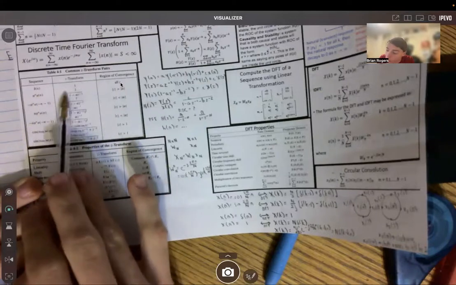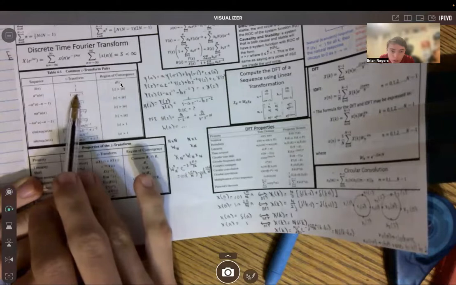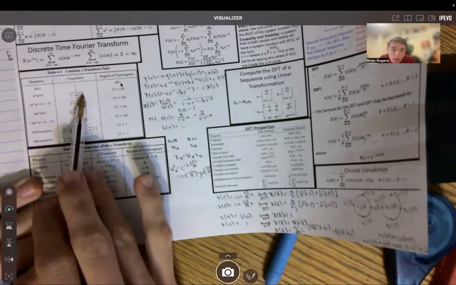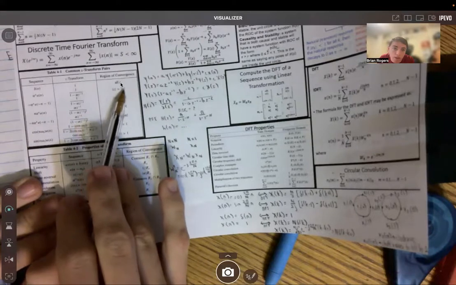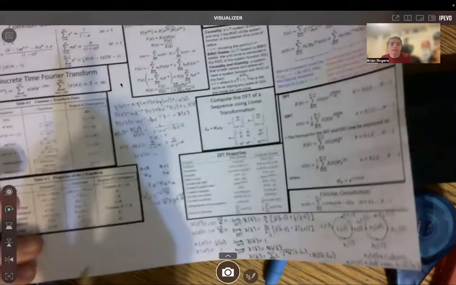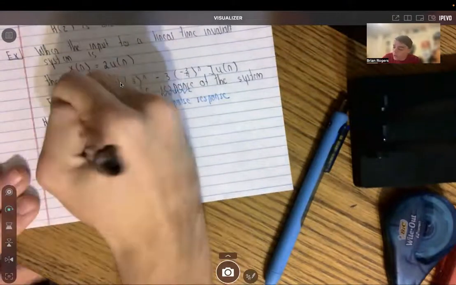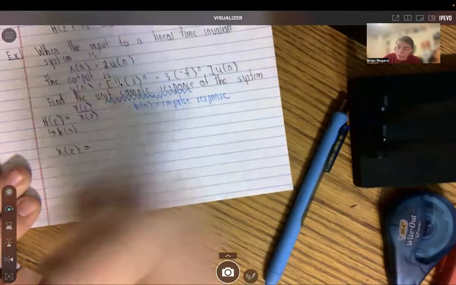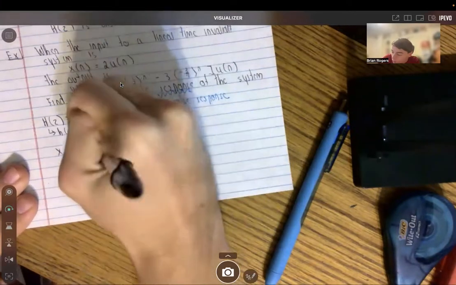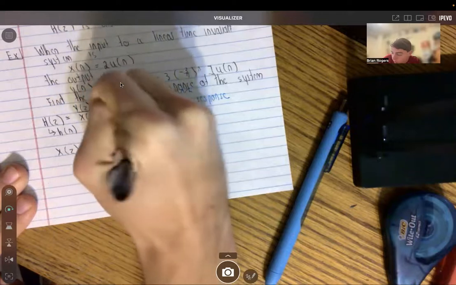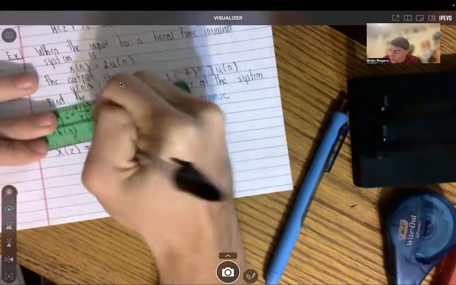So we're going to have 1 over 1 minus z to the power of -1. And here is our region of convergence, z greater than alpha, which is 1. So when we solve for X of z, using that z transform table, we're going to see 1 over 1 minus z to the -1.